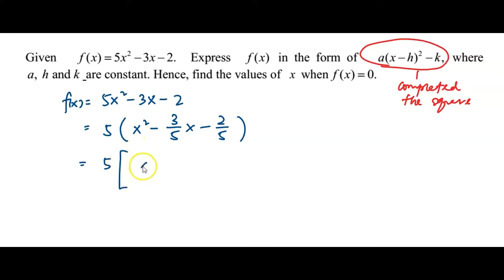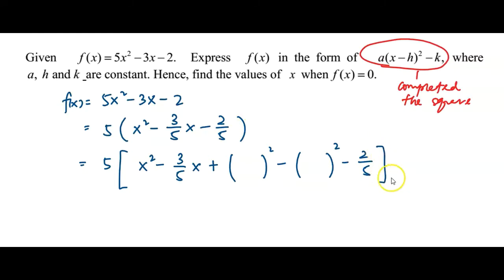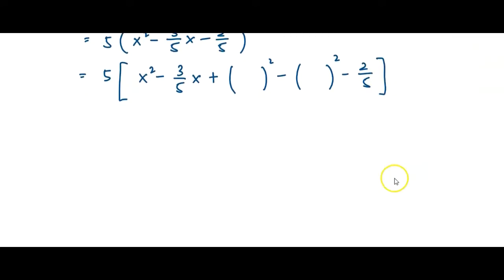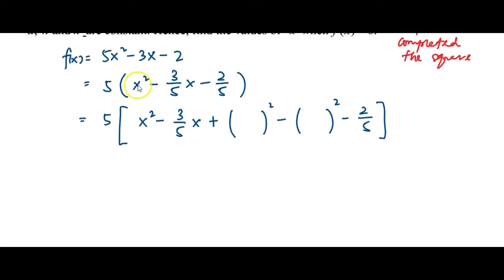To do completing the square, I'm going to copy down the first two terms and then add a bracket square minus bracket square, minus the constant, just copy down, that is negative 2 over 5. I just remain back the 3 terms, and in the middle, I just add in a bracket square minus bracket square.